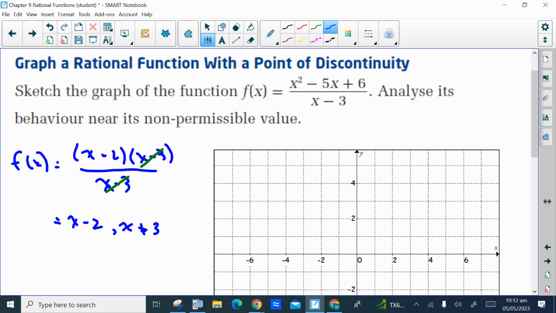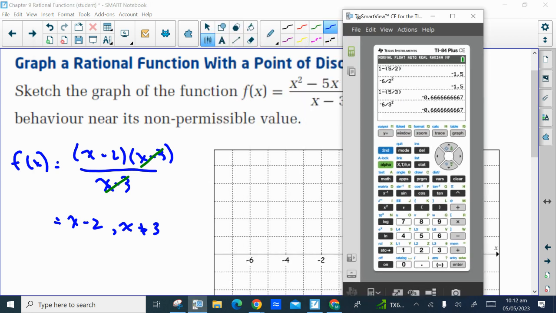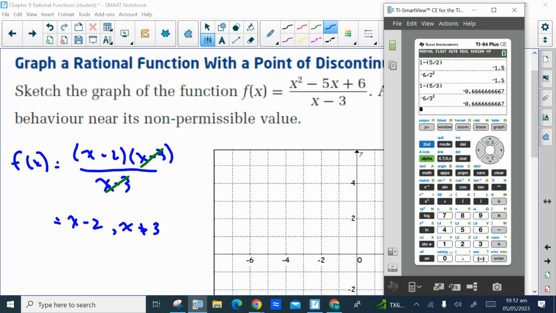So what does this graph look like? And I will graph this by using the original expression. So the numerator, which I'll put in brackets, is x squared minus 5x plus 6.